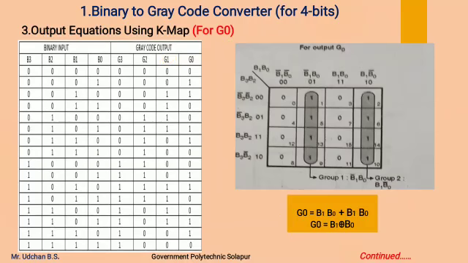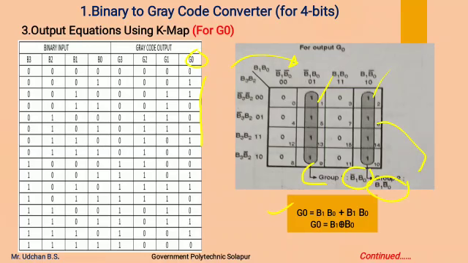After that we are going to find the equation for the G0 variable. For the G0 variable, again the entries of the G0 column are made onto this K-map. After the entries, again we are going to find octet, quad or pair. Octet is not possible over here, 2 pairs are possible, this is one and this is the second. For this group we get the term B1 bar B0, and for this group we get the term B1 B0 bar.